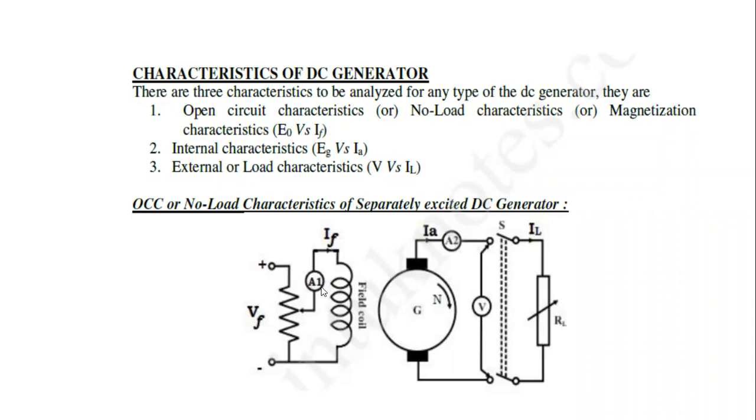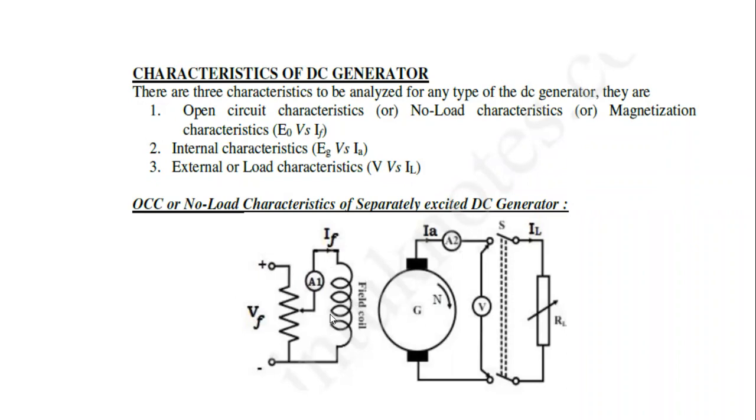And this is A1. This ammeter A1 measures the field current, the current flowing to the field winding. VF is the voltage applied to the field winding.